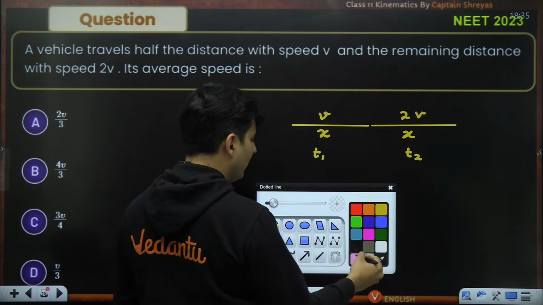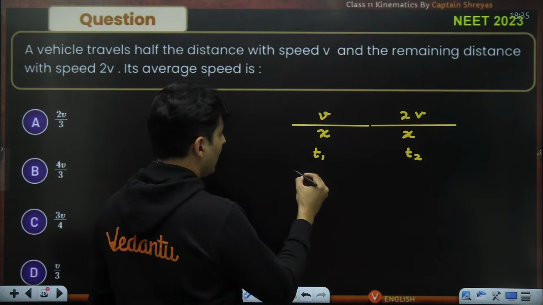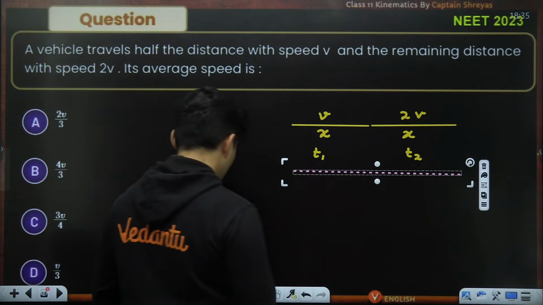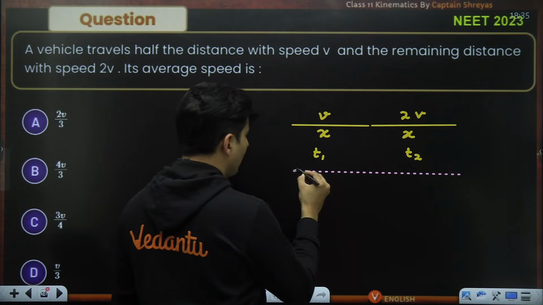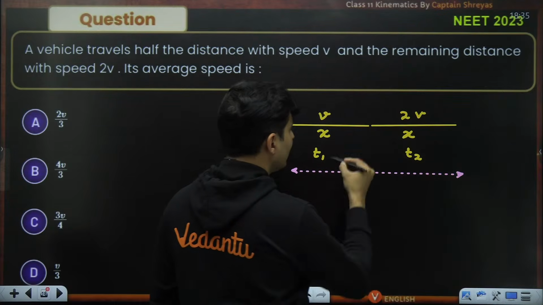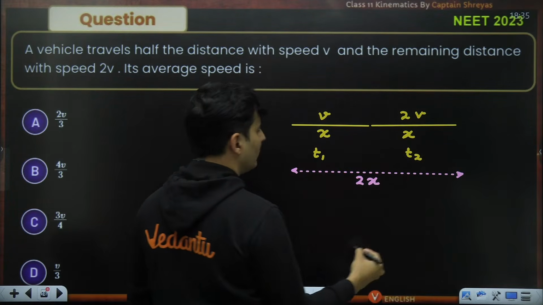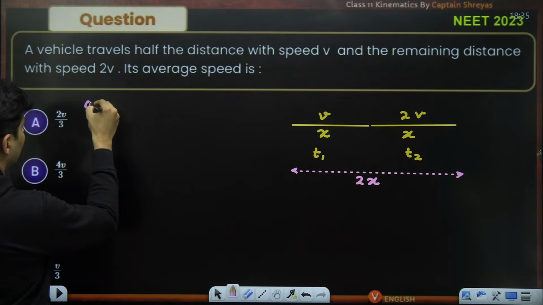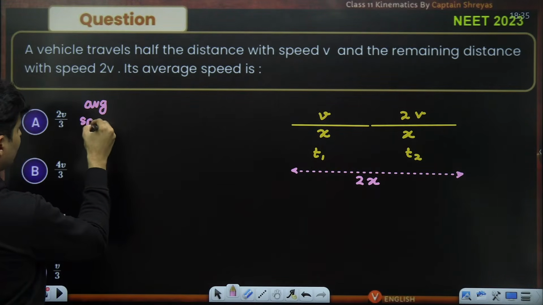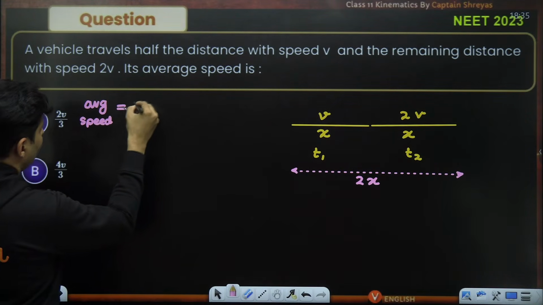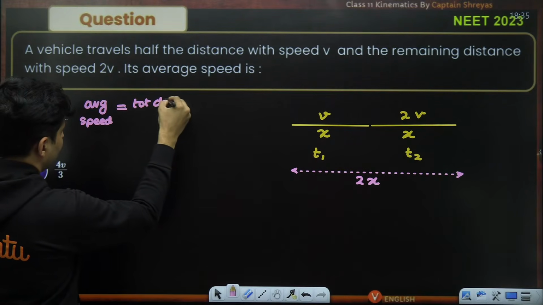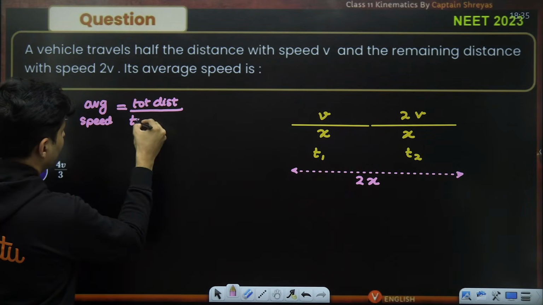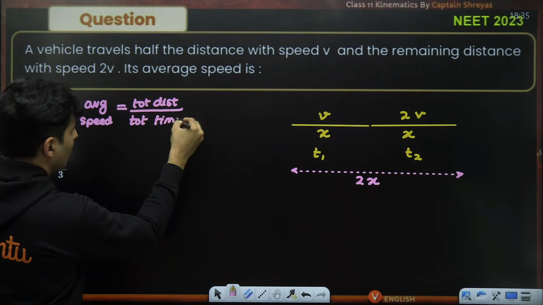Now let us consider the entire journey from here to here. That entire journey will obviously have a total distance of 2x. So that will give me the value of average speed. The average speed will be the total distance that you have traveled upon the total time that you have taken.